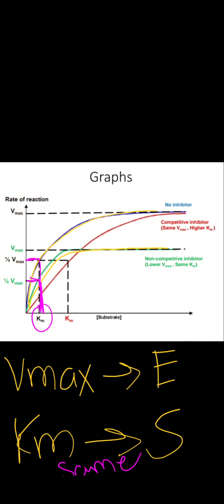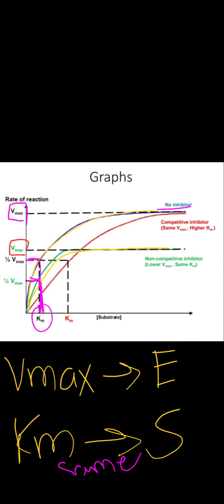Now, what is different? Talking about the no inhibitor, go down, go down, go down. First let's talk about the Vmax, then we're going to go back to the 1/2 Vmax. The Vmax of the no inhibitor is here, and the Vmax of the non-competitive is here. So the Vmaxes are in different positions.